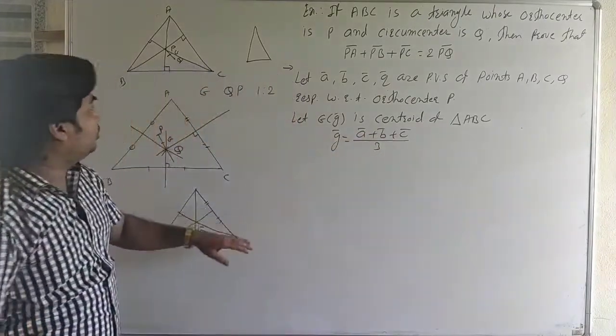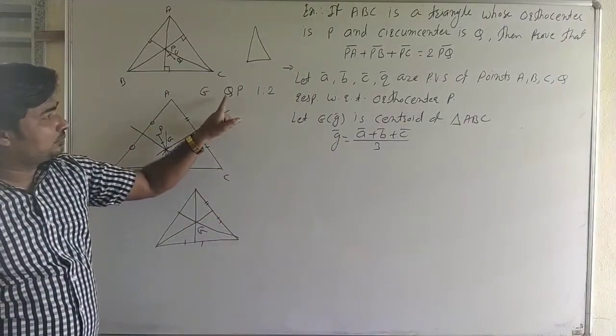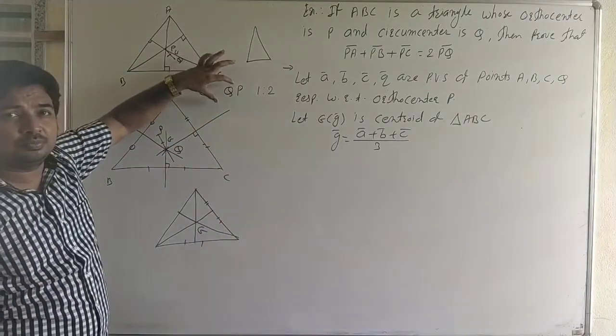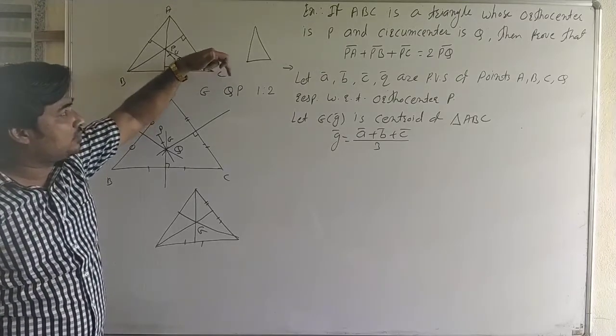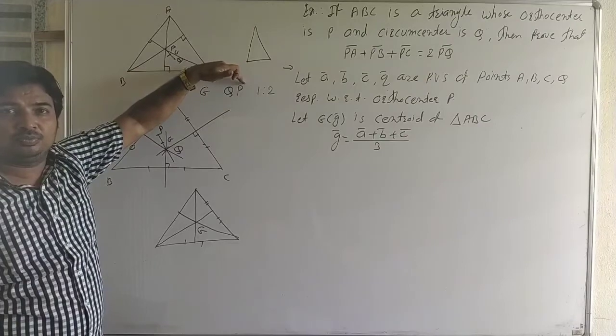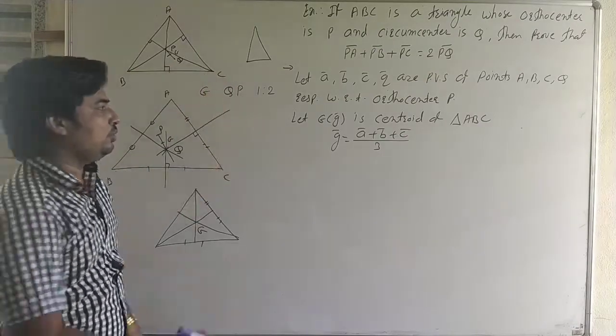And we know that the centroid of the triangle divides the line segment joining circumcenter and orthocenter internally in the ratio 1:2.